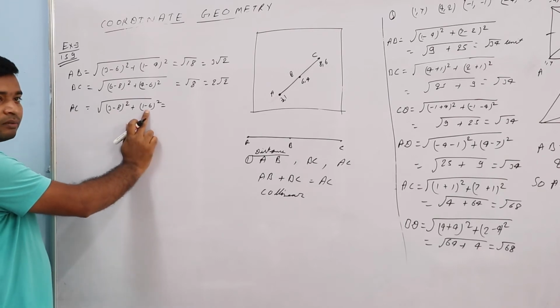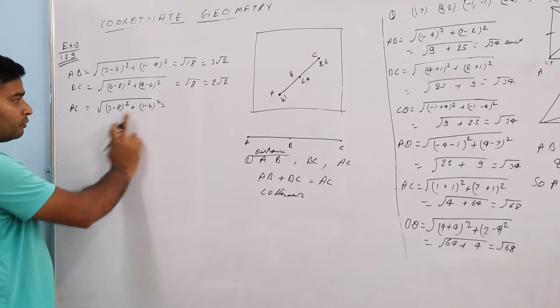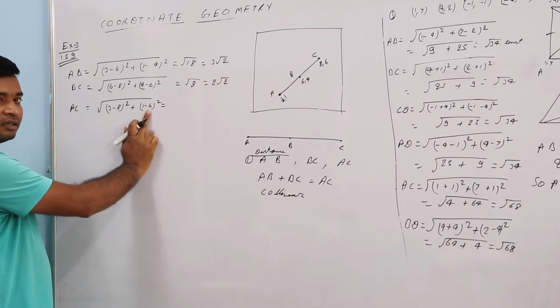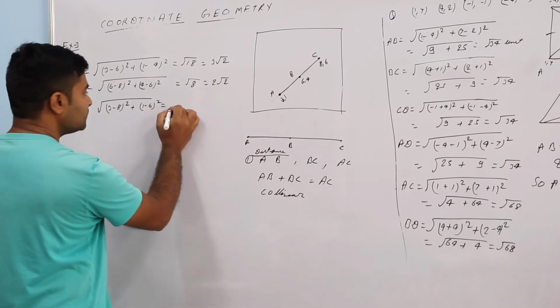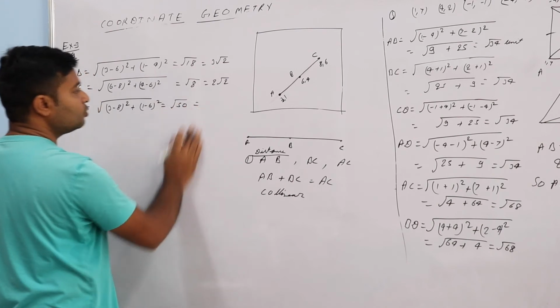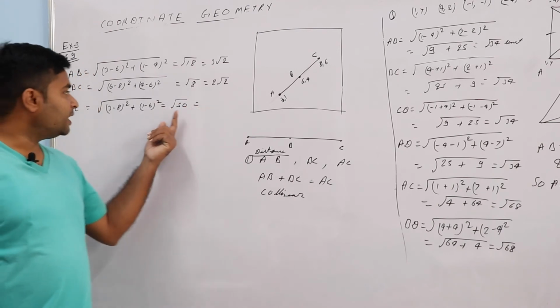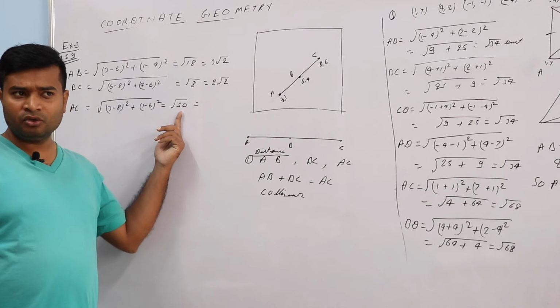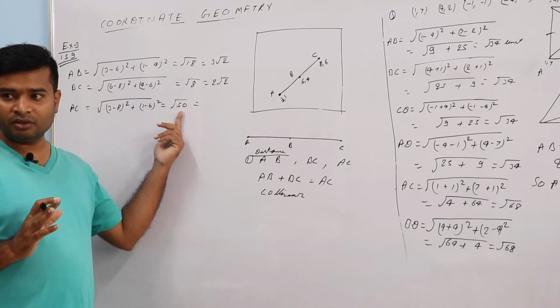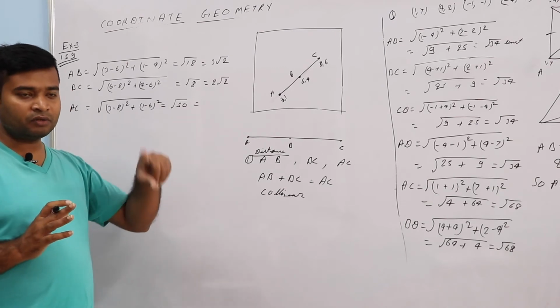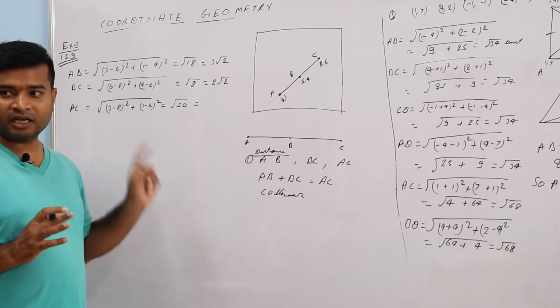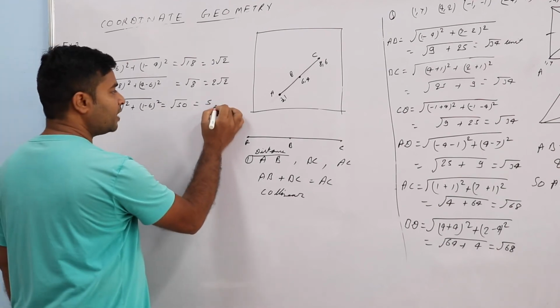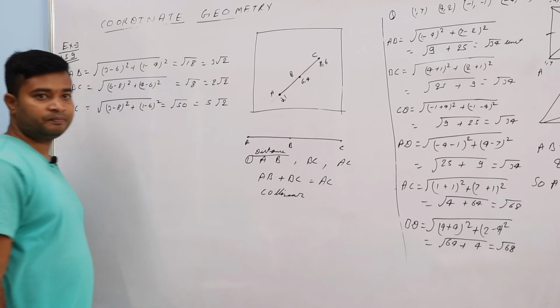This is also minus 5, so 25, 50. Root over 50. How can I write it? 50 can be written 5 into 5 into 2. So one 5 came out. So can I write 5 root 2? Understood or not?